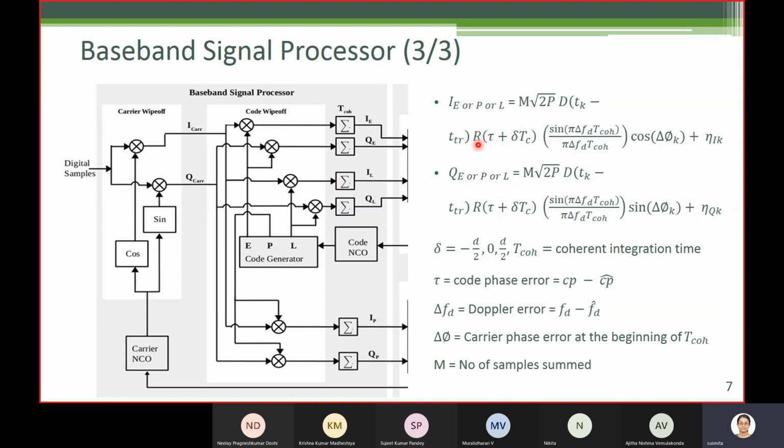So everything becomes 1. This term is much more dominant than this one, so we can ignore this. So what do we have here? We just have D. So from the sign of IP, we can find the data bit. We can demodulate the data.